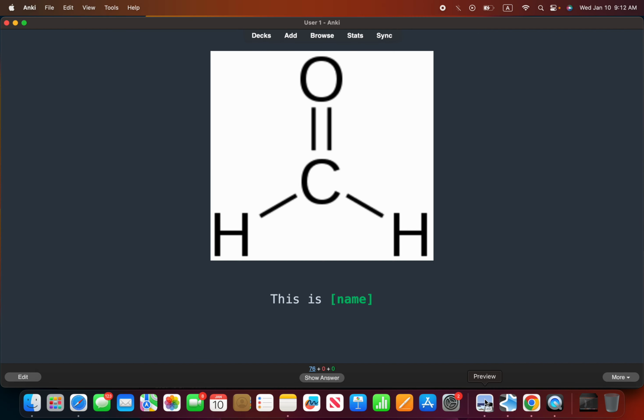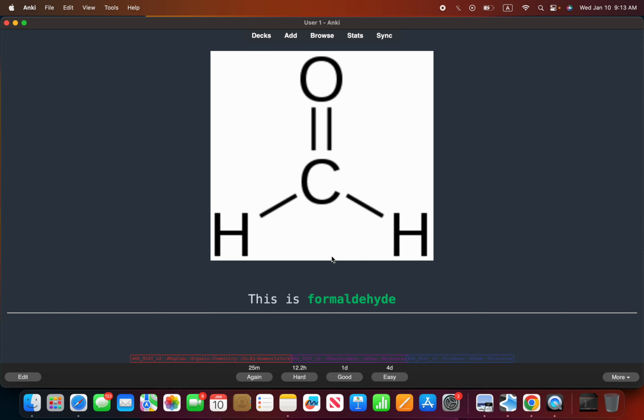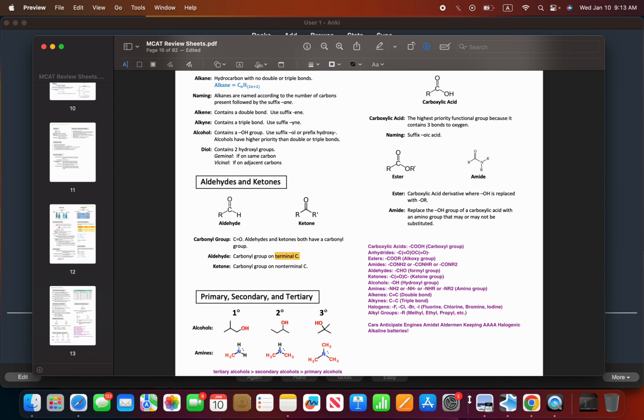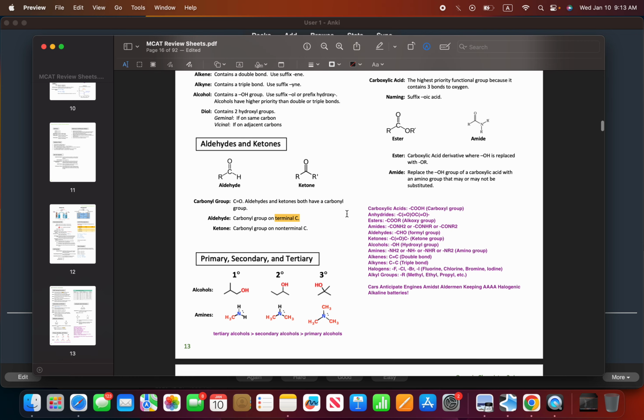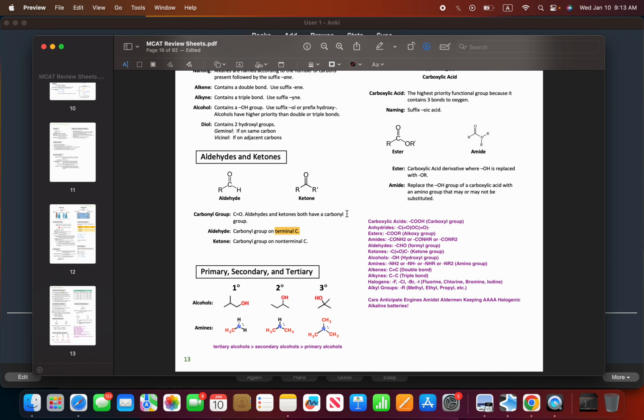Sorry. This one would be ketone group for ketones, formaldehyde. Wait a second. Where do we have this? That was not a ketone.